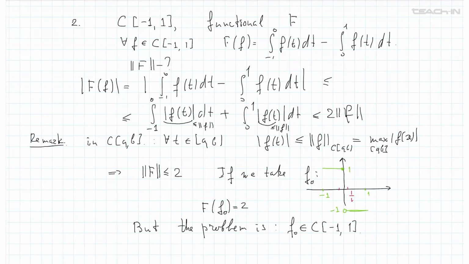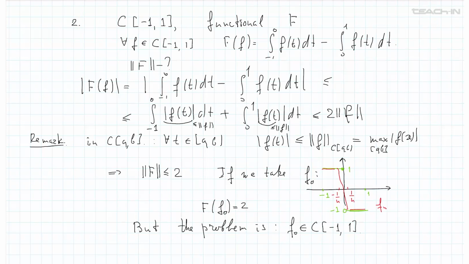Take n sufficiently large that this neighborhood lies inside the interval, and construct a smooth version of our function. In red, I draw the graph of fn. I don't write the formula, you can do it, of course.